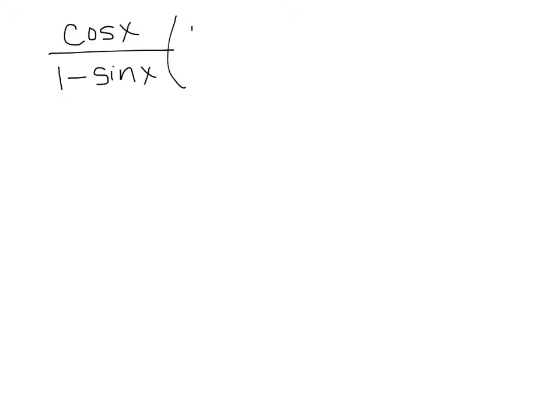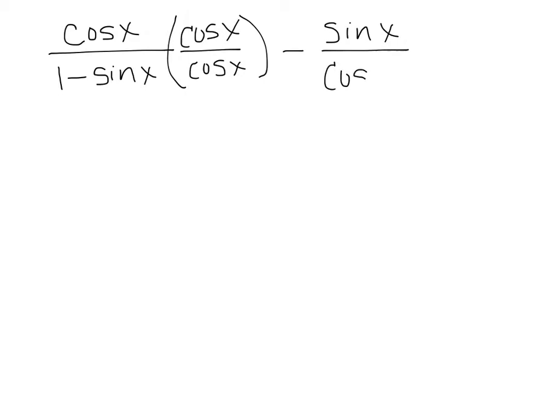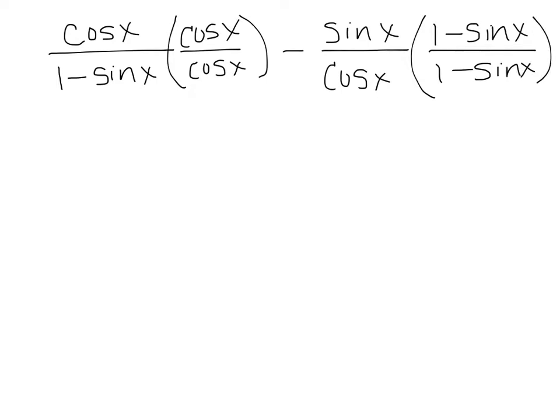This must multiply by cosine of x over cosine of x. In the second fraction, we have to take sine of x over cosine of x, and multiply top and bottom by 1 minus sine x over 1 minus sine x. We now get a common denominator of cosine x times 1 minus sine x.